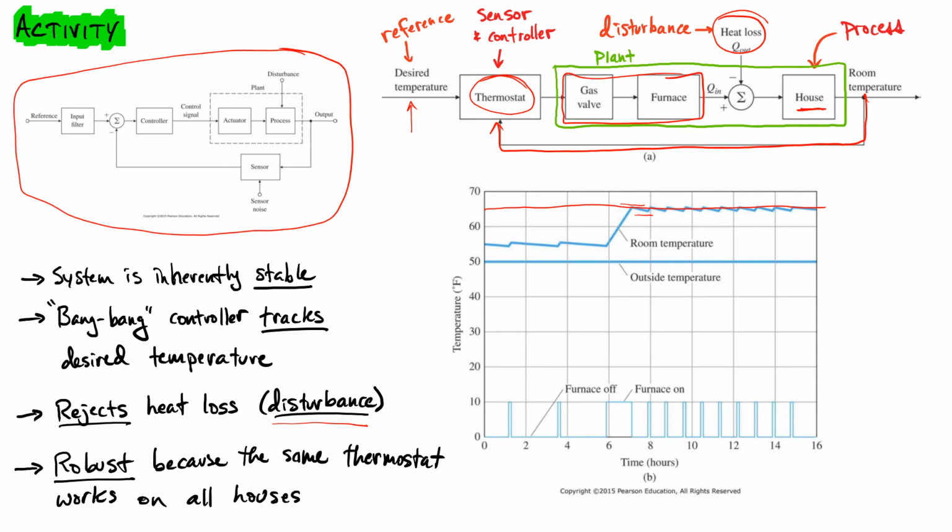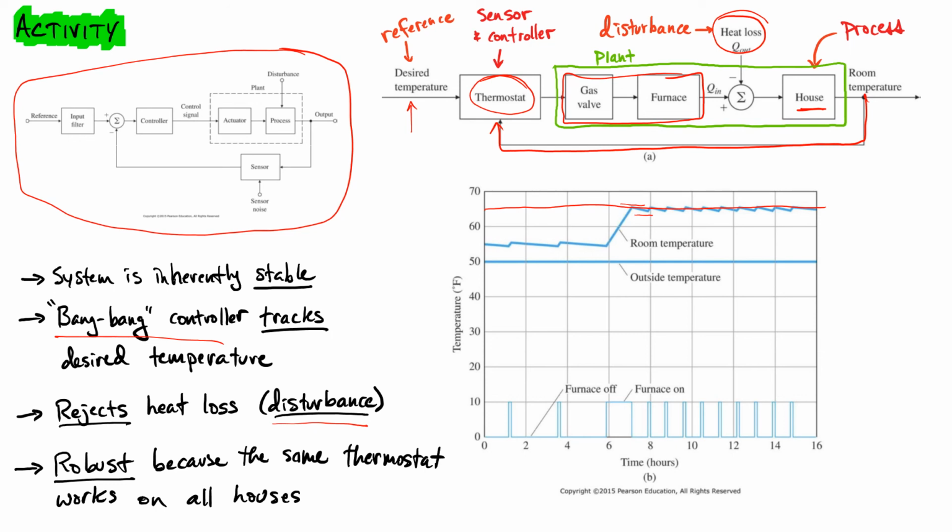And then the question about robustness is, does this work even if there are model uncertainties? And in this case, this very simple controller uses a very primitive model, which is essentially that heat goes in and then we lose some heat because of some disturbances. So we don't even model the house.